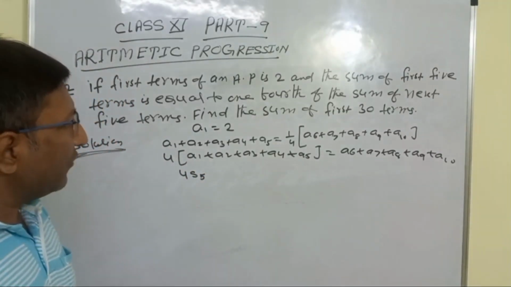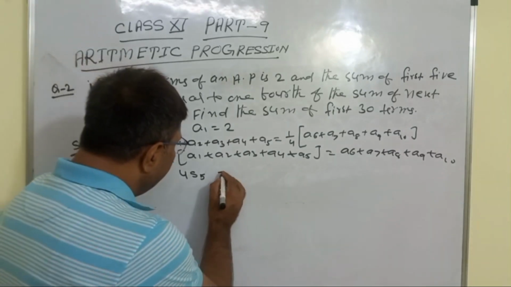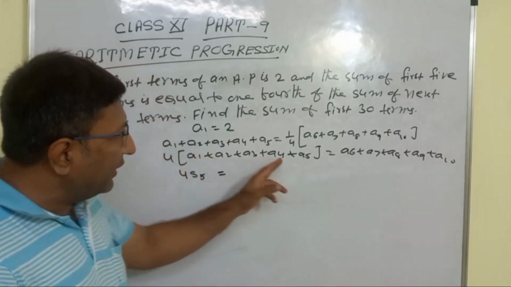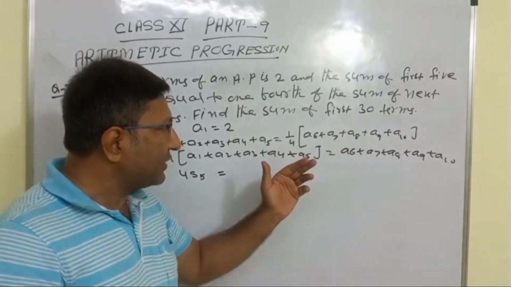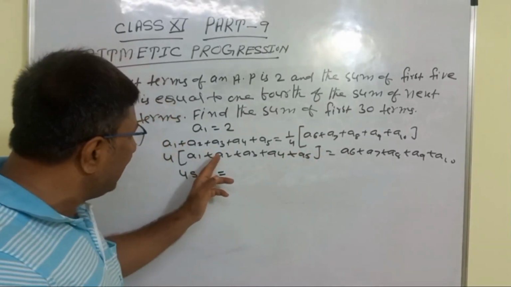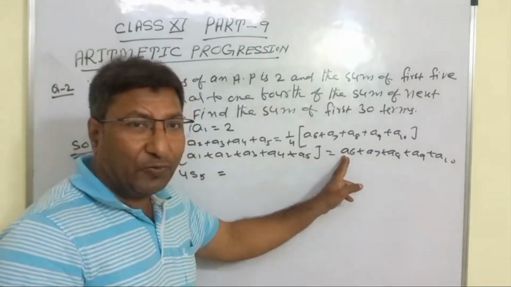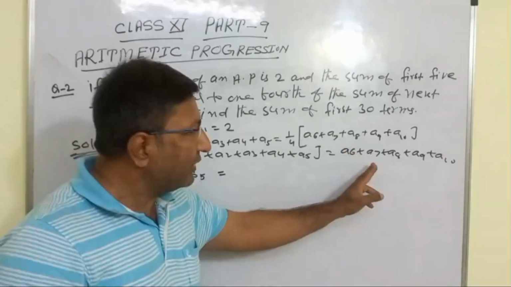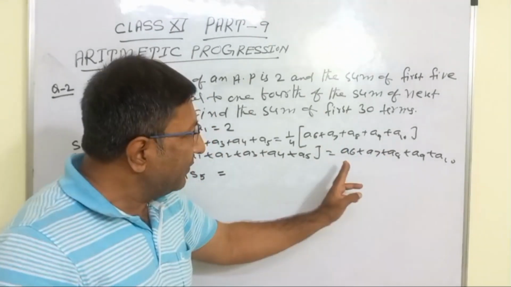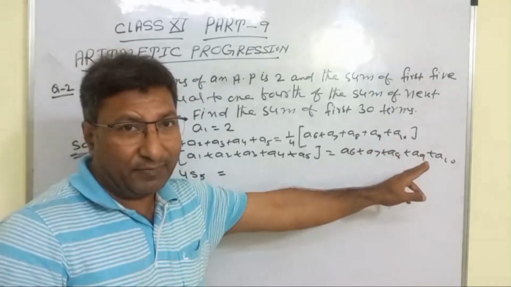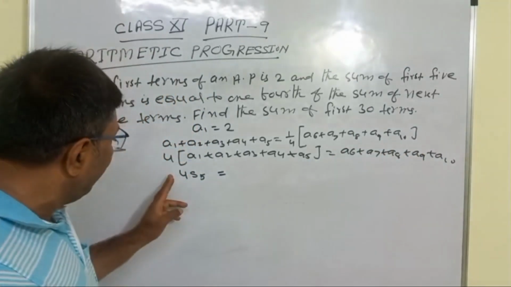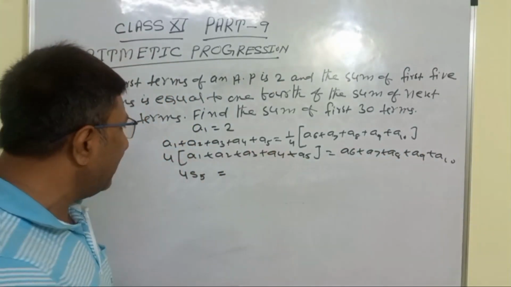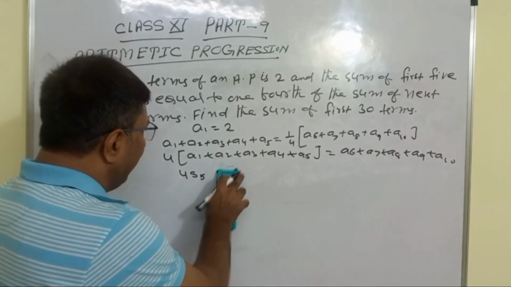Right? This is 4S5. And we add both sides A1, A2, A3, and here also you add A1, A2, A3, A4 and A5. Then it becomes A1 to A10, right? So here already 4 into S5, so we are adding S5 on both sides.